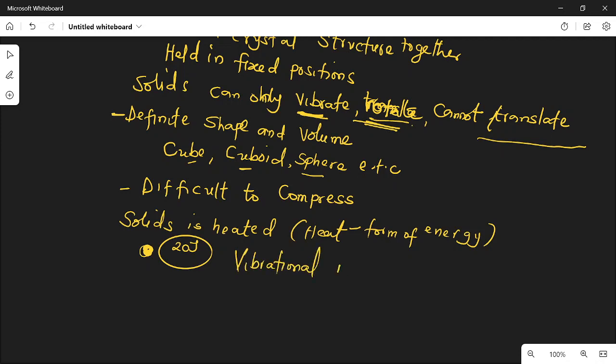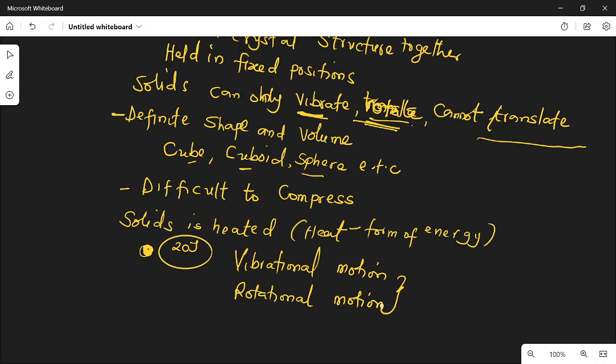It will have an effect on the vibrational motion, and it will have an effect on the rotational motion, when you apply it to the molecules of the solid. Don't forget that there is a force that is binding them together.